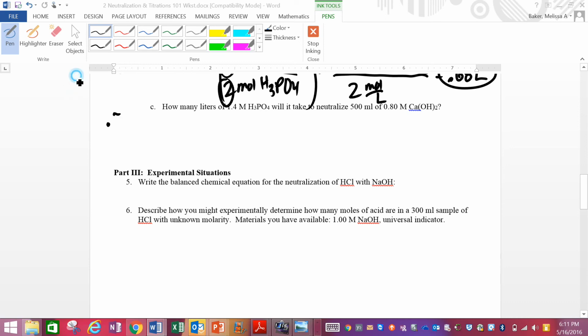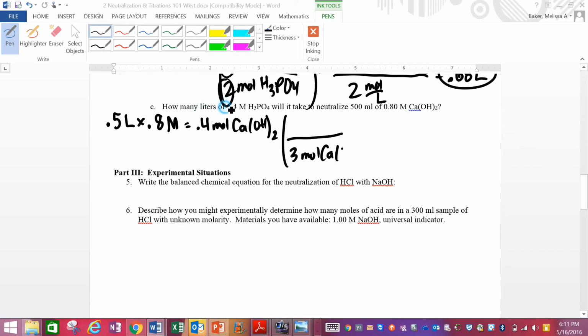So 0.5 liters, I just divided that 500 by 1,000, times 0.8 molar solution of calcium hydroxide comes out to be 0.4 moles of calcium hydroxide. Again, we know for every 3 moles of calcium hydroxide, you only need 2 moles of H3PO4.